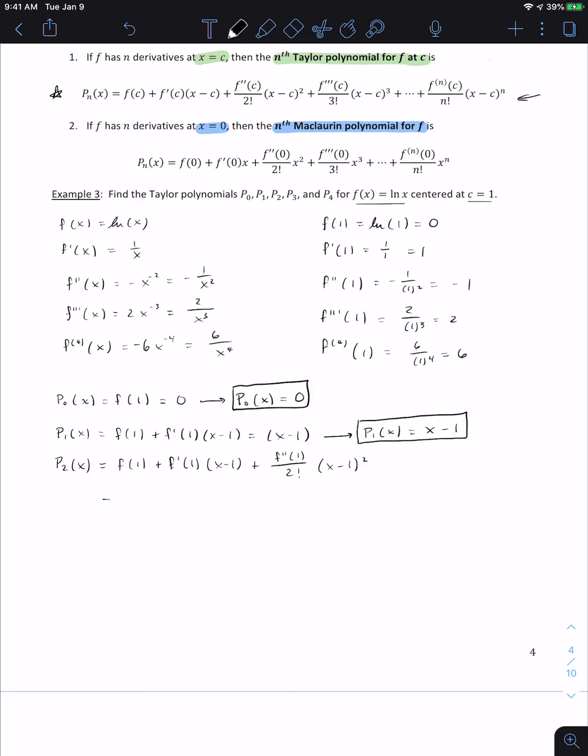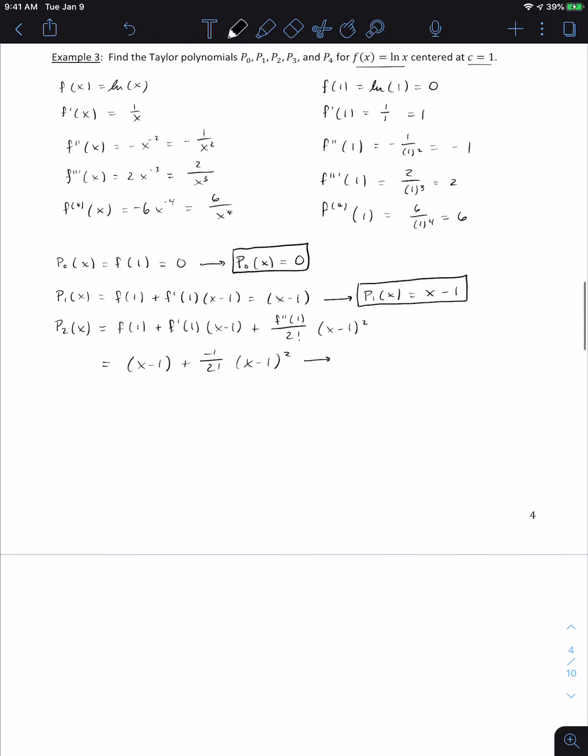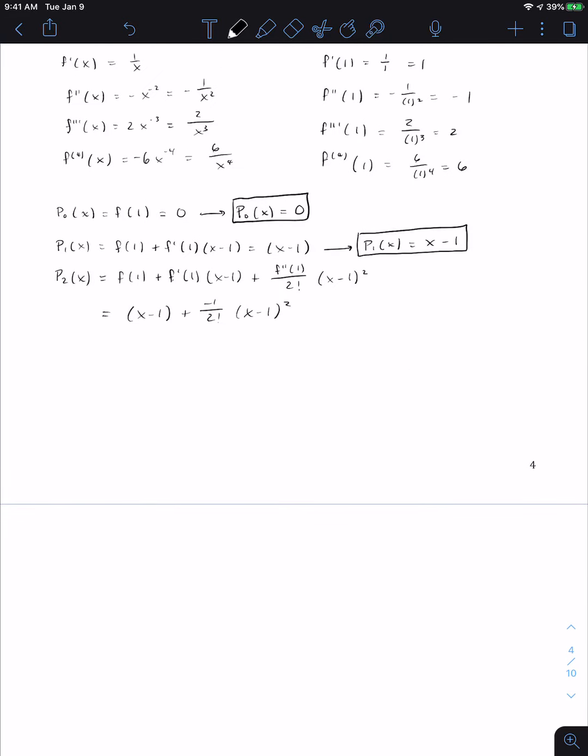All right, so now plugging in my values, we already said that f of 1 is 0, f prime of 1 is 1, so this just looks like x minus 1, plus f double prime at 1 is minus 1 over 2 factorial times x minus 1 squared. So I end up getting x minus 1 minus 1 over 2, because 2 factorial is just 2, times x minus 1 squared.